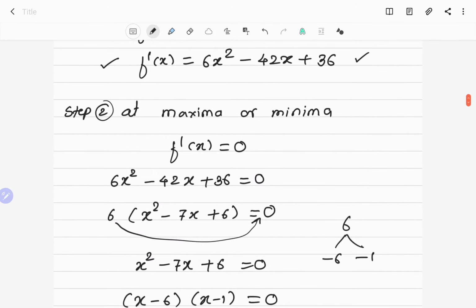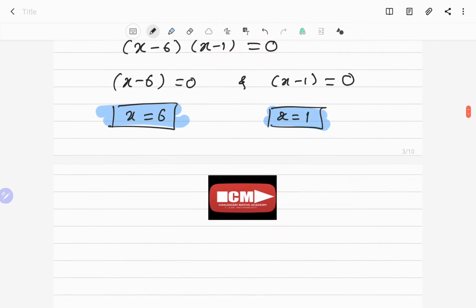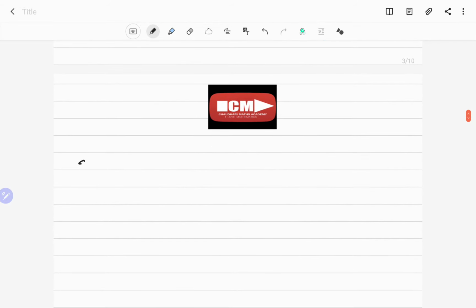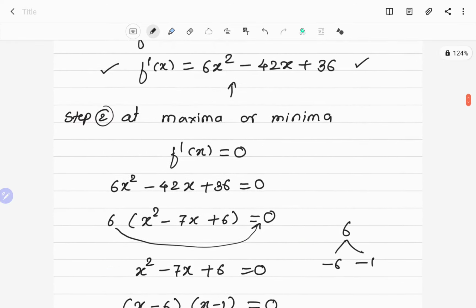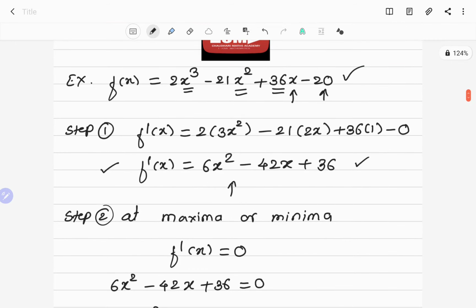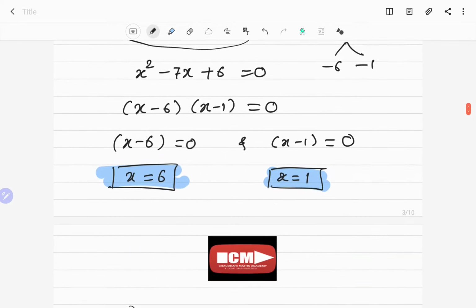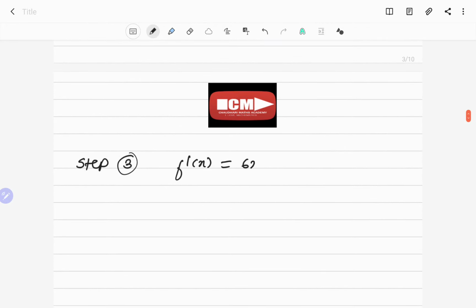To obtain the second derivative, do one thing: simply differentiate this first derivative one more time with respect to x. So let's see. In step number 3, here I am starting with the first derivative f dash of x, which is already with us. It's 6x square minus 42x plus 36.